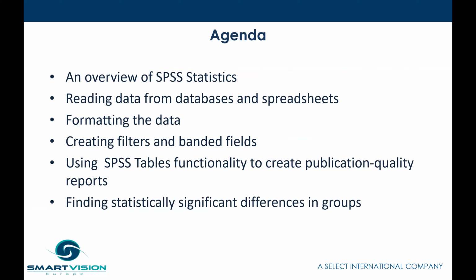And then we're going to work through a process of getting data into the system, formatting the data or fixing issues in the data, and then manipulating it so that we can create filters or create new versions of fields, and then look at various options we have with regard to analyzing it, including using things like SPSS tables to create publication quality reports, or using chi-square tests to look for statistically significant differences in groups, that kind of stuff. Very standard sorts of things that people might do if they were analyzing data in SPSS.